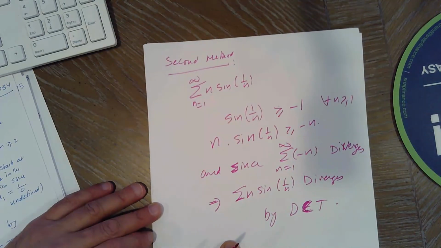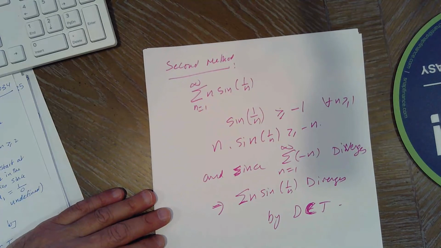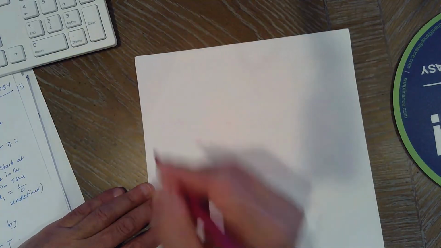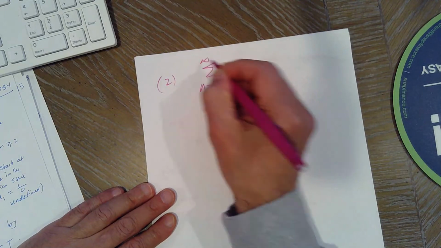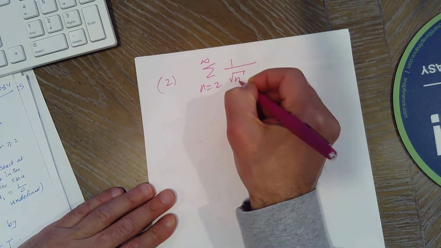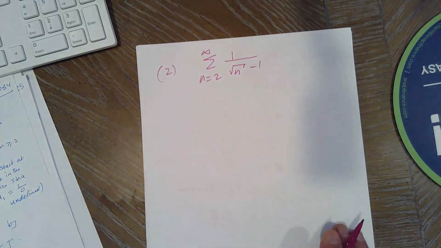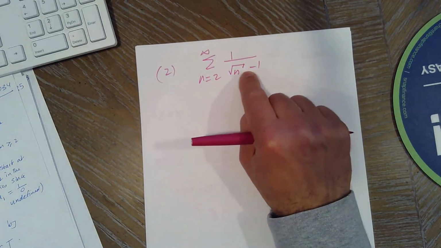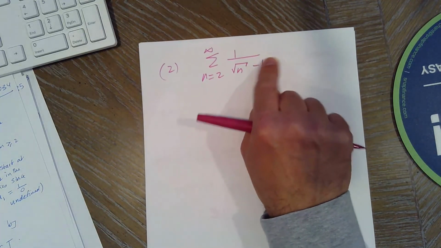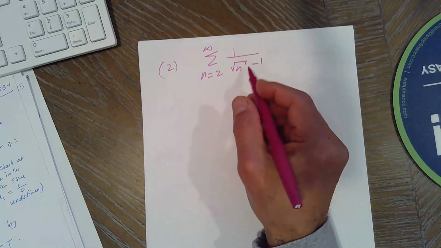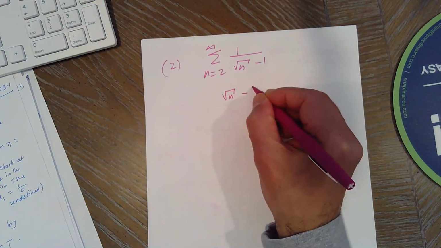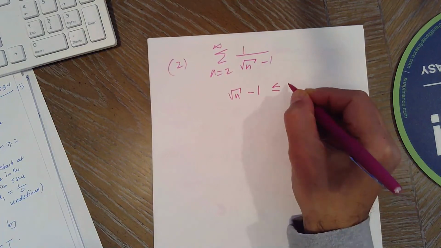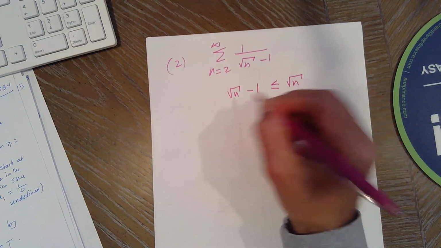Here's another example. Now, to do the comparison tests, you want to compare the one that you're finding convergence of with something similar. So something similar to this would be 1 over root n if you ignore the constant. So compare it with 1 over root n. So we start with root n minus 1. It's definitely less or equal to root n, right?